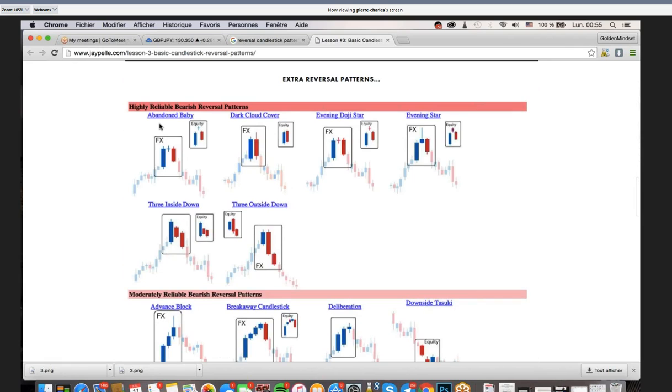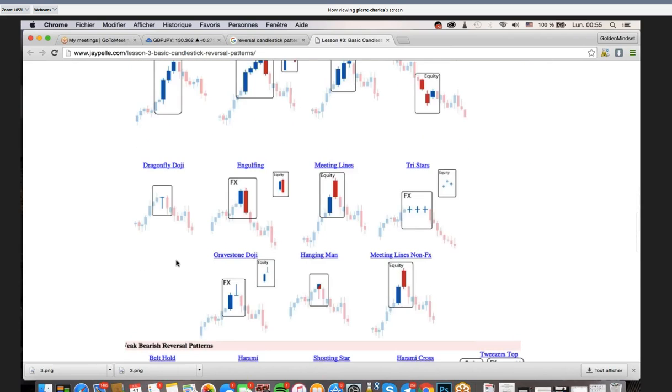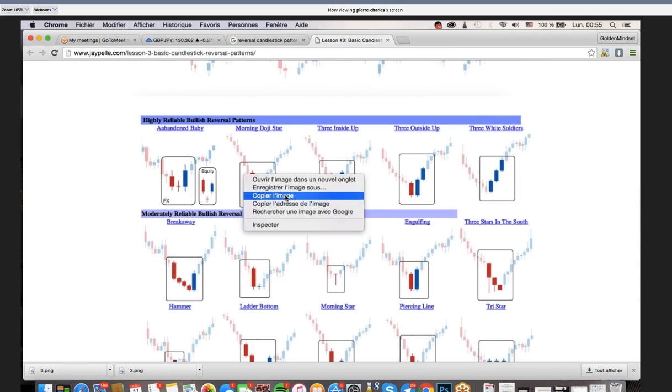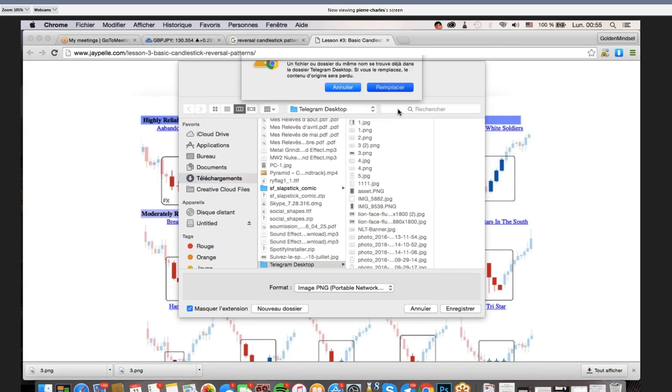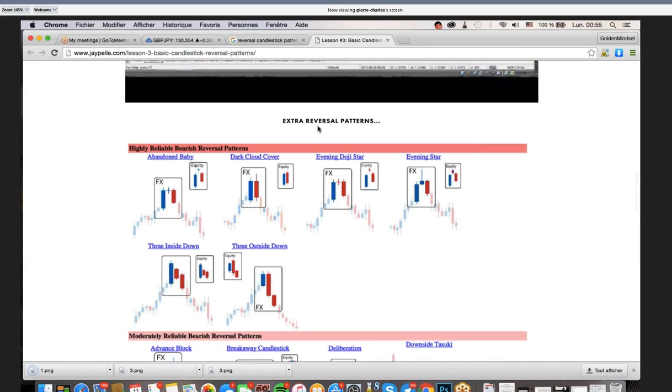Here, look, highly reliable bearish patterns. For example, this one. These are all patterns that mean it's gonna reverse into a bearish pattern, and you have the same thing for the bullish ones there. I will save it and post it into the Telegram channel, so you're gonna be able to see it and download it.